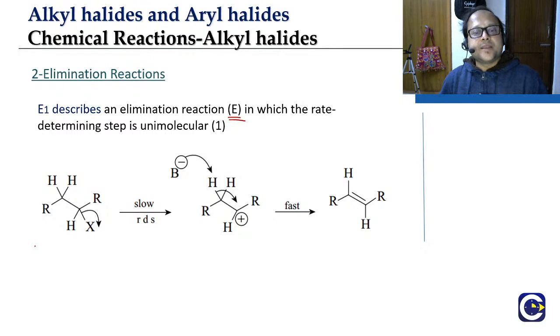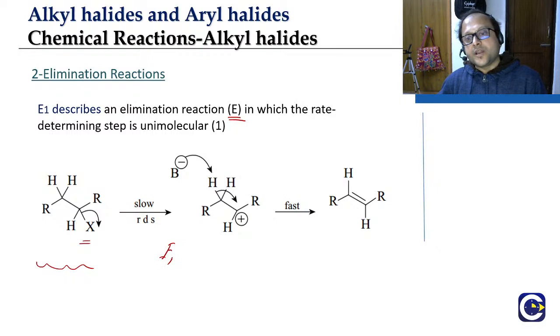In the first step, your leaving group goes out, leaving behind a carbocation, right? Then in the next step, the beta hydrogen is removed by the base and the bond line moves inside. This happens very fast. In this only one compound is involved, hence it is E1.